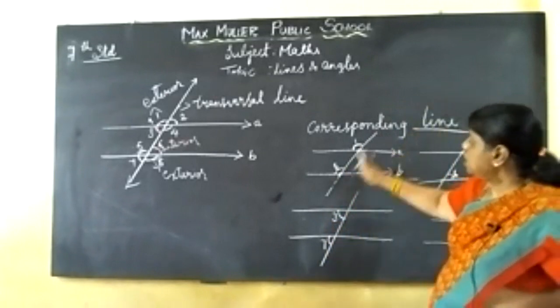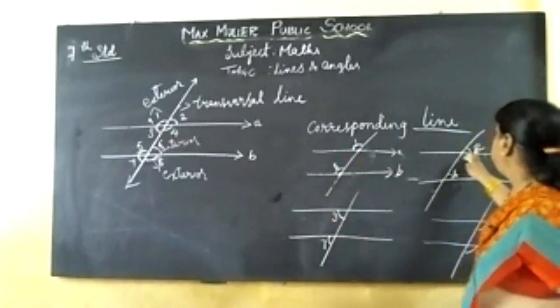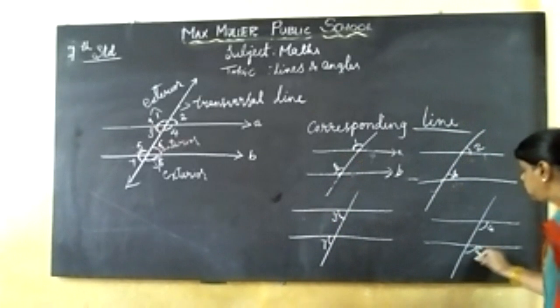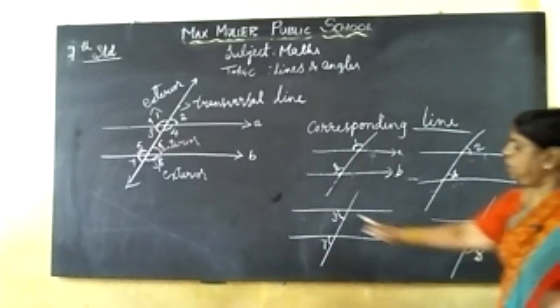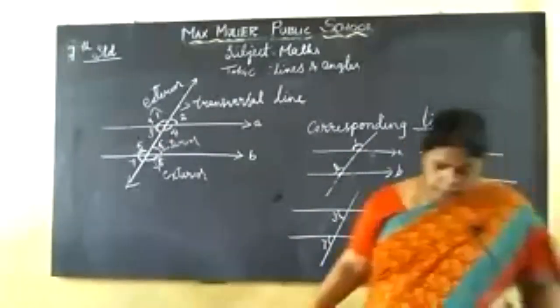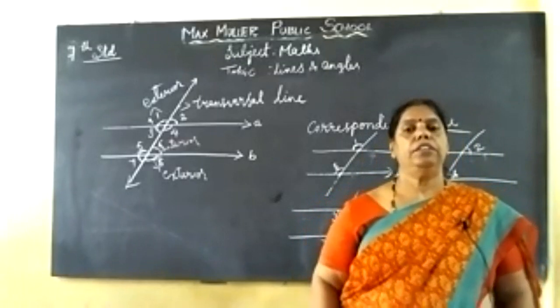See, 1 and 5, they are on the same side. 2 and 6, they are on the same side. 4 and 8. 3 and 7. They will be on the same side. They are in corresponding position relating to each other.